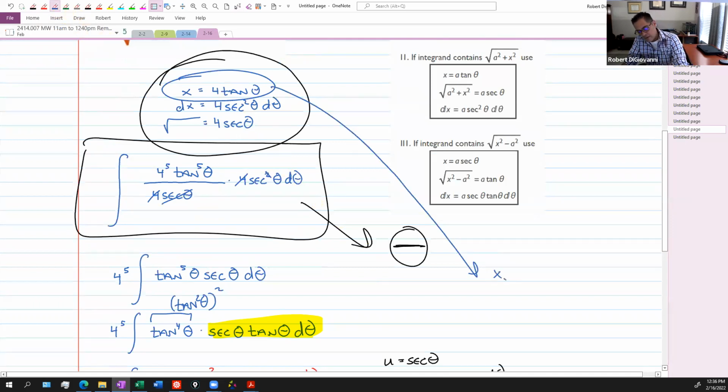So x over 4 is tangent theta, which means, I'm going fast because I'm almost out of time, I make my triangle with this theta, right triangle. Secant is the reciprocal of cosine, so it'll be this root thing over 4.